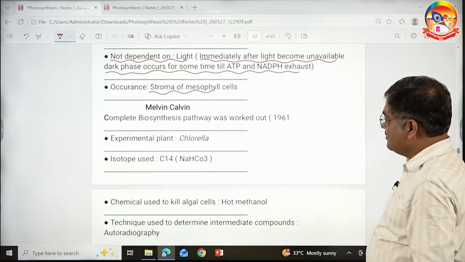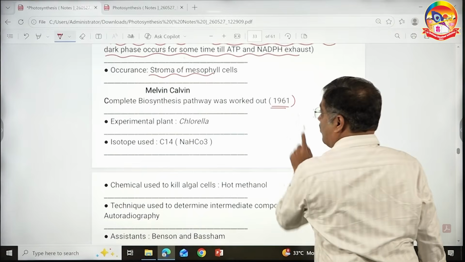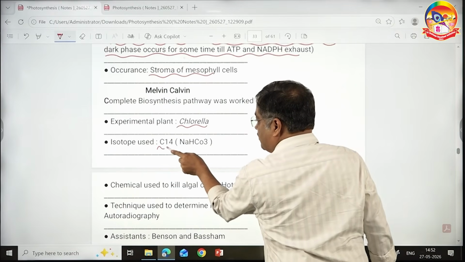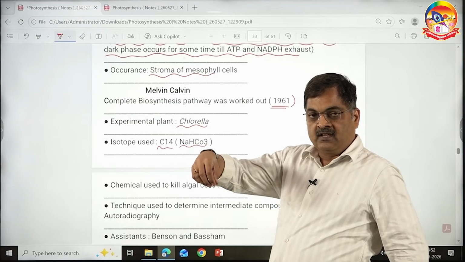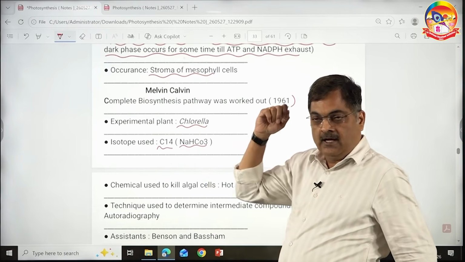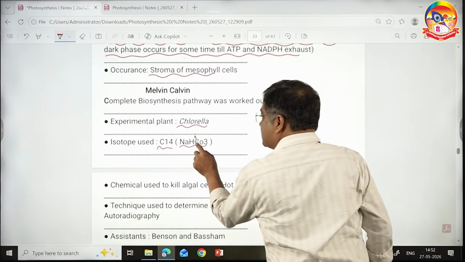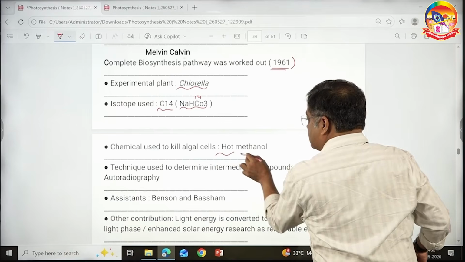Children, Calvin, a scientist, got the Nobel Prize in 1961. The experimental plant is chlorella. The isotope used is C14. Sodium bicarbonate is the form of radioactive carbon which is injected into chlorella. The chemical used to kill algal cells is hot methanol.